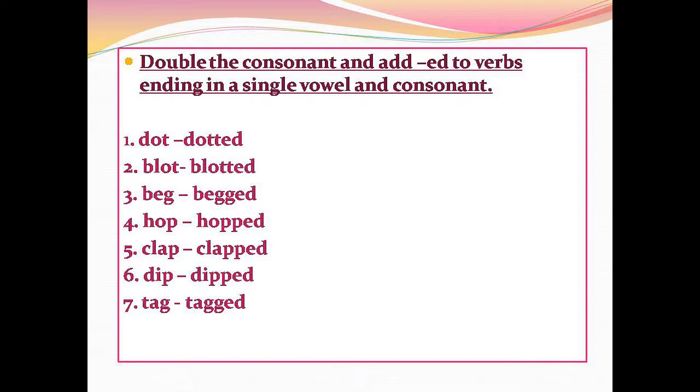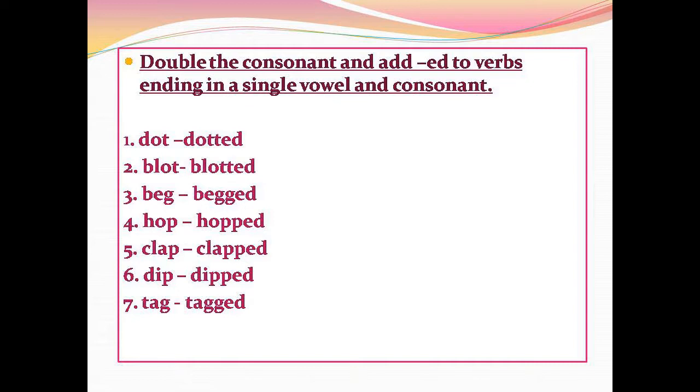For example, dot. There is T, and before that a single vowel O. So we change it into dotted, doubling that consonant. Number 2, blot, blotted. Number 3, beg. Here G is a consonant and E is a vowel, so we double G in past form: begged. Then, tab, tabbed.